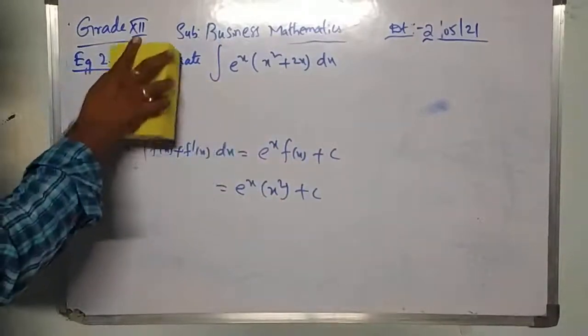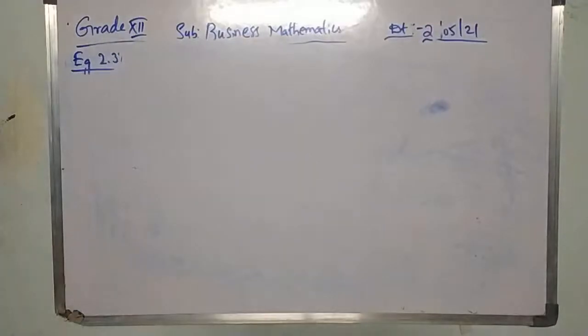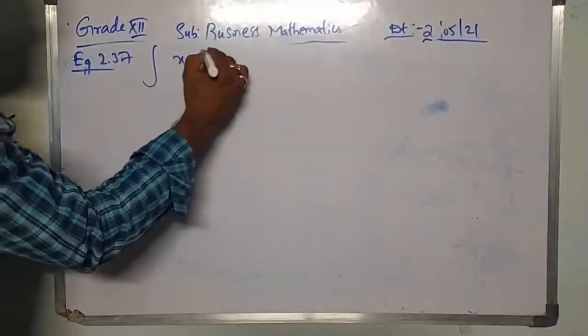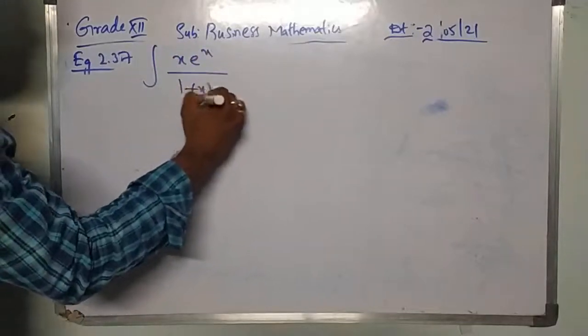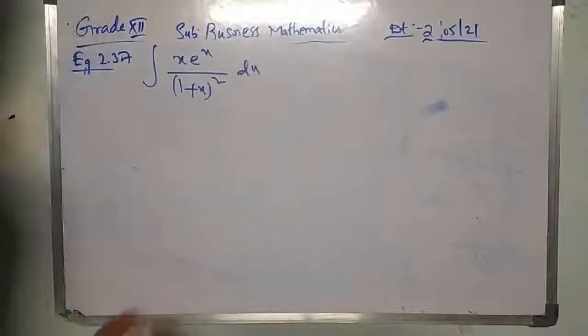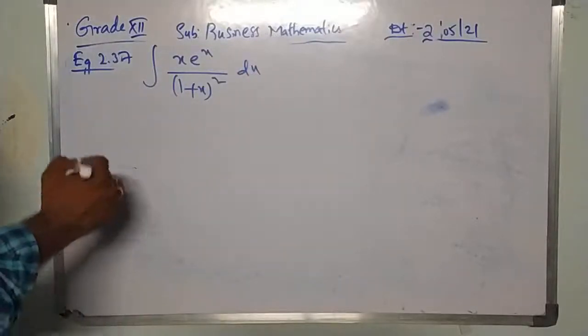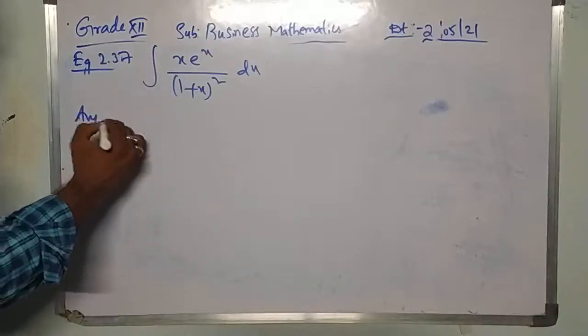Let us see the next question, 2.37: integral x e power x by 1 plus x whole square dx. This can be done by using partial fractions first.